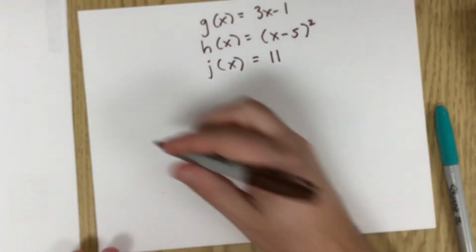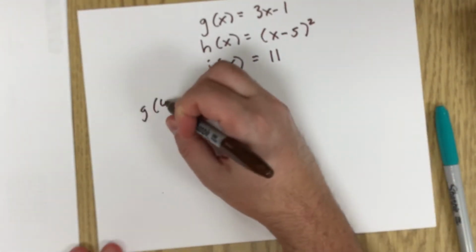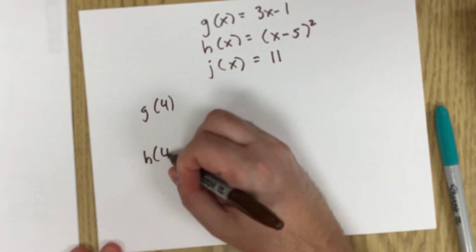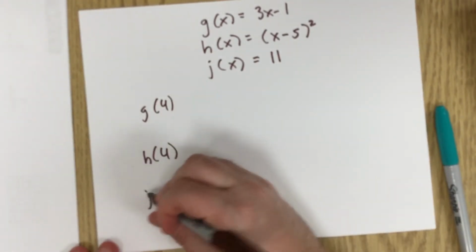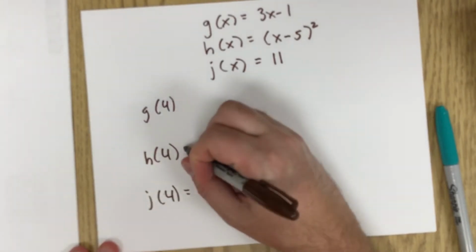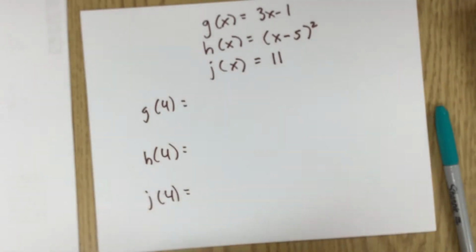So let's go through some examples. Let's say I wanted to know what is g of 4, h of 4, and j of 4. You could pause the video if you want and try to do these. These should be pretty straightforward right now.